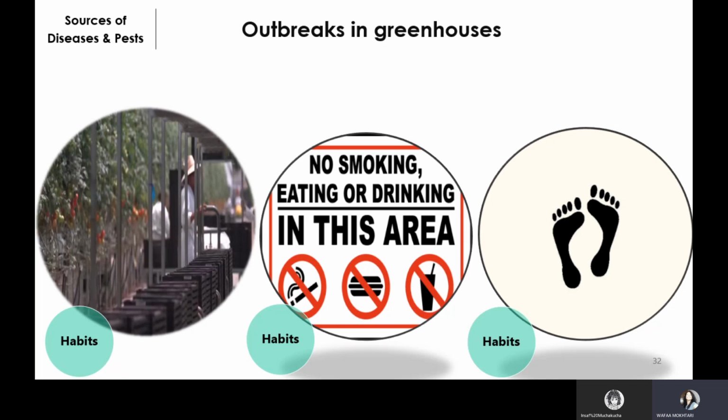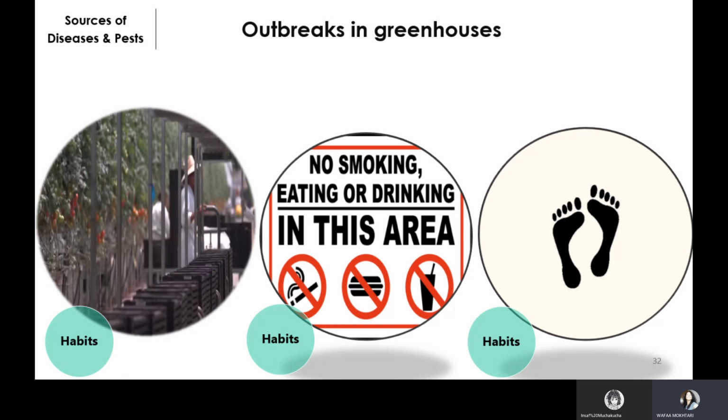Smoking is a source of viruses, and smoke products or components contain some elements that may carry viruses, and when you get inside the greenhouse, you can contaminate, for example, your tomato or cucumber with mosaic virus, and this is most often attached to the smoking elements.